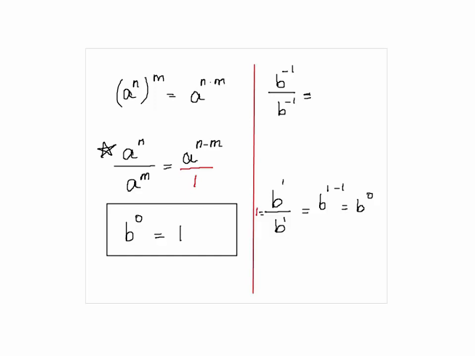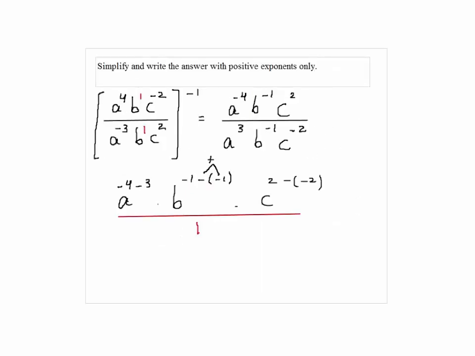So over here, this also should be equal to 1 too, and we looked at it as b to the power of minus 1 minus minus 1, which is equal to b to the power of minus 1 plus 1, which is equal to b to the power of 0 again, which is equal to 1. If you understand this concept, can I see a check mark next to your name, please?